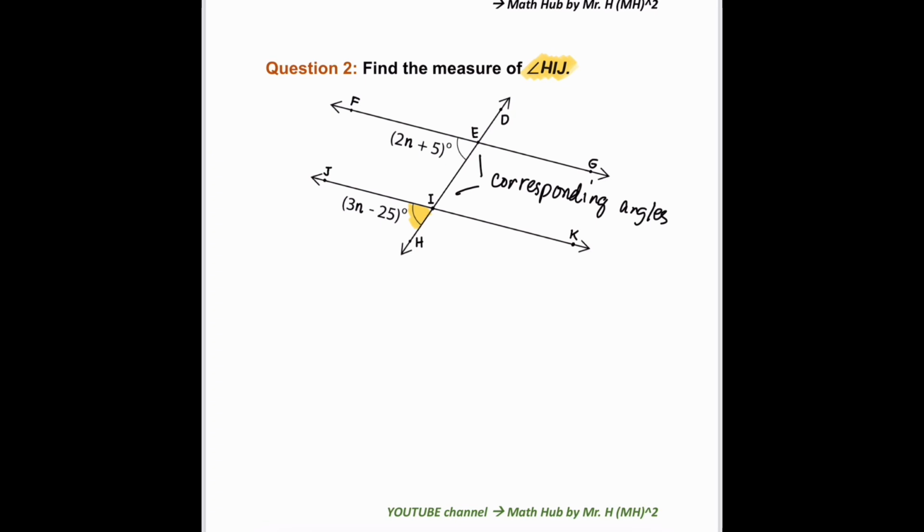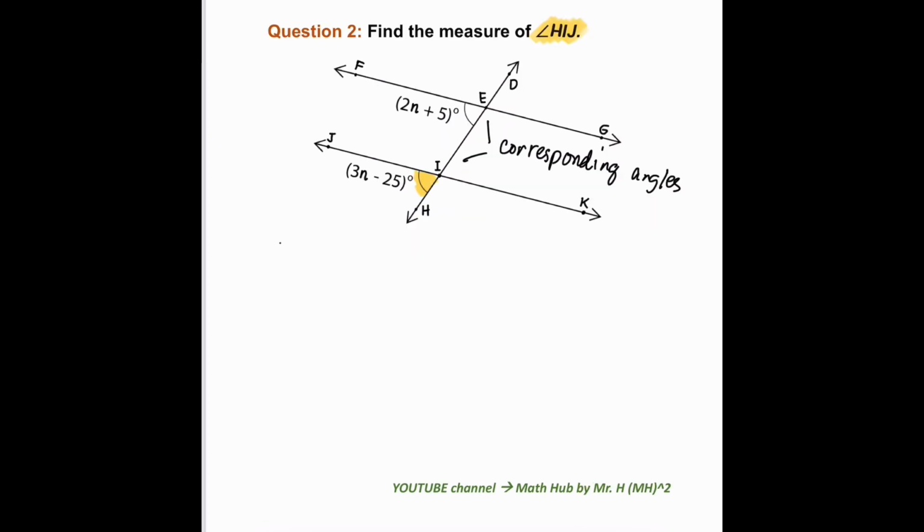And we learned that corresponding angles are equal in measure. So from that concept, we will begin our calculation by writing the initial equation: 3n minus 25 will be equal to 2n plus 5. Solving for n, we need to gather all the terms with n on one side and the constant term on the other side.